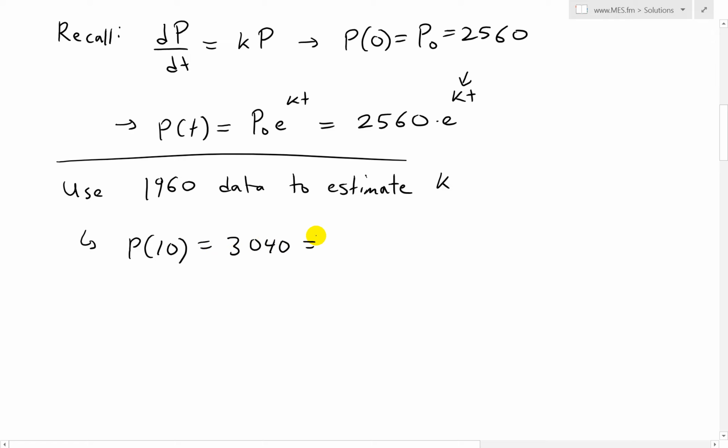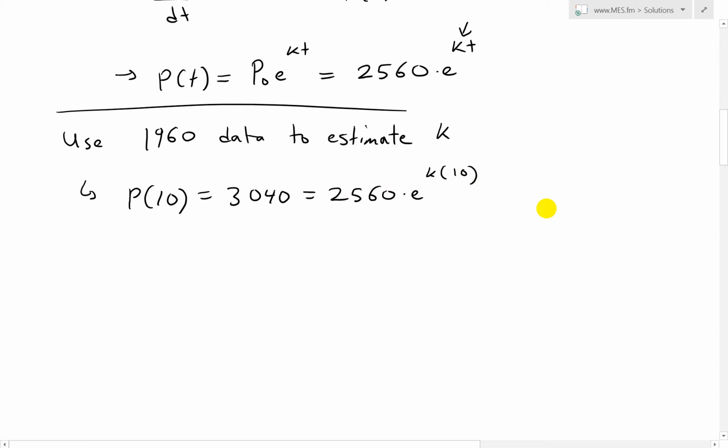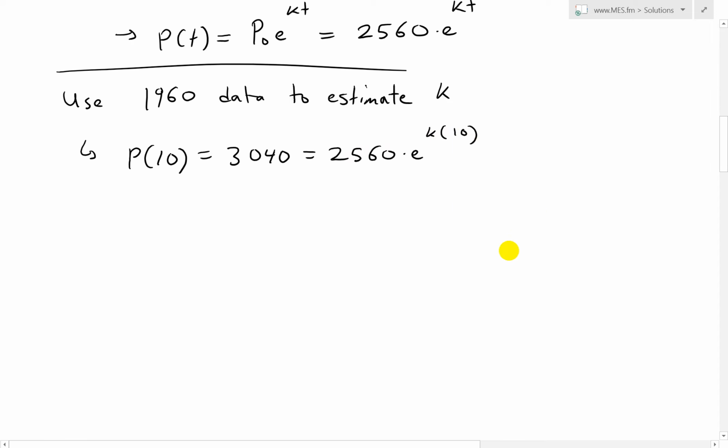Now if we plug it into this model, we have 2560 times e^(10k). That's because 1960 is 10 years after 1950. Now we can estimate k by solving for it. We'll divide both sides by 2560.